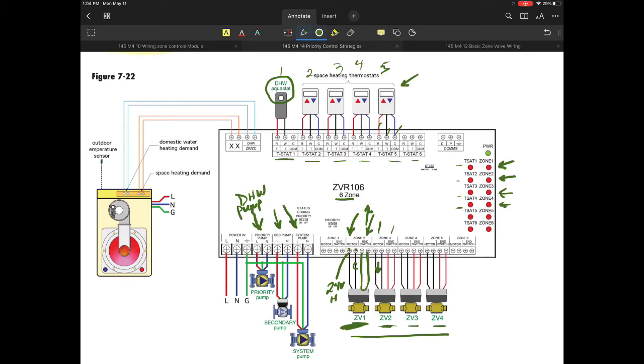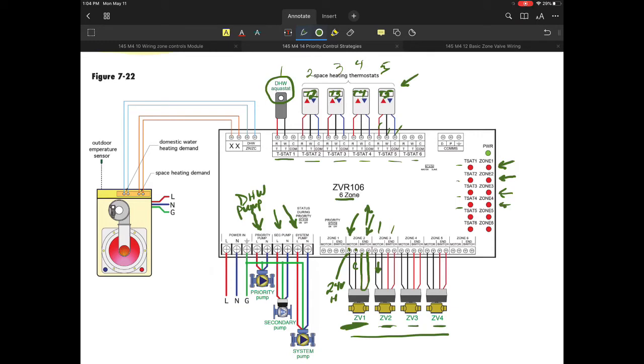So we are controlling all 3 of the pumps that are in this system directly from the zoning panel, as well as controlling all of the respective zones that are on here. And this one also provides us a really nice place to tie in all of the T1, T2, T3, T4, or T5.